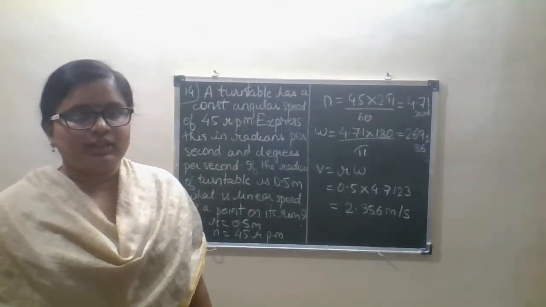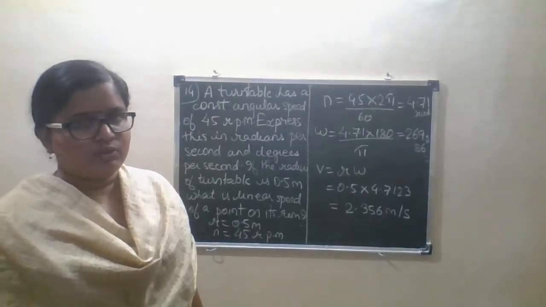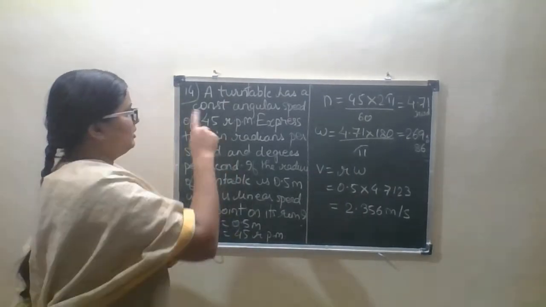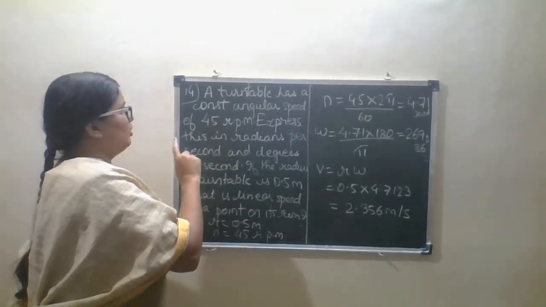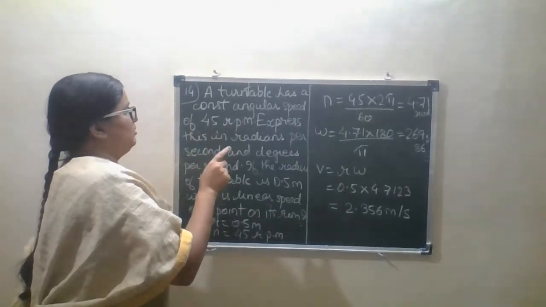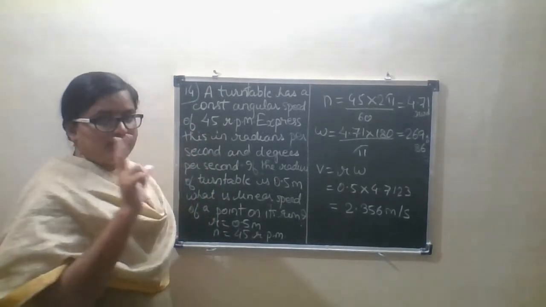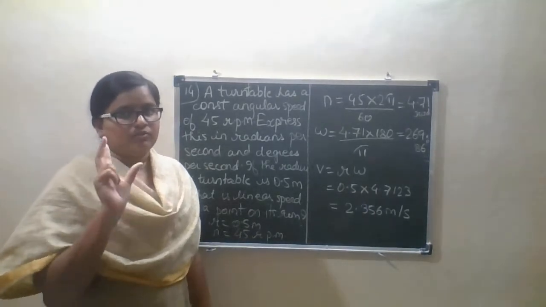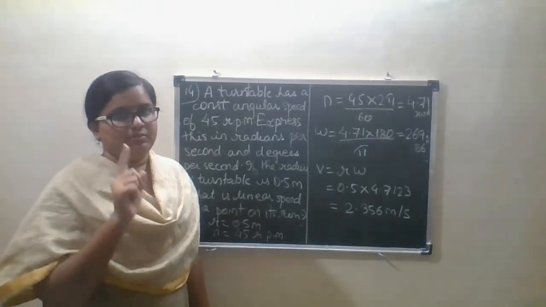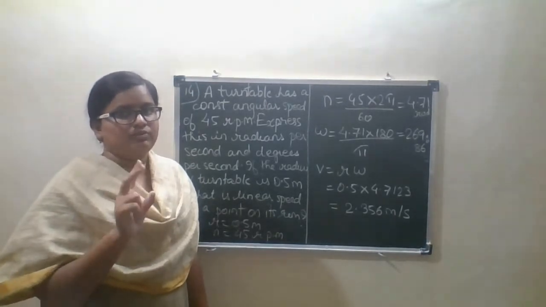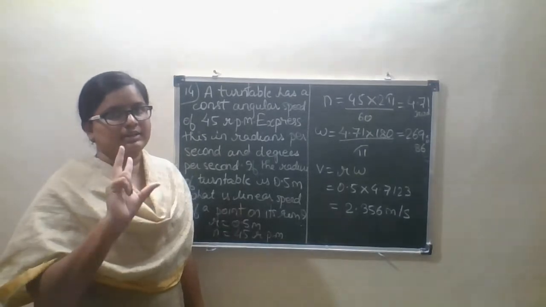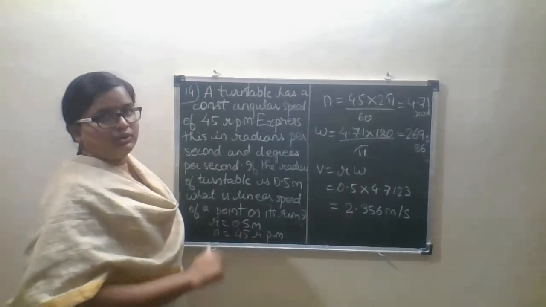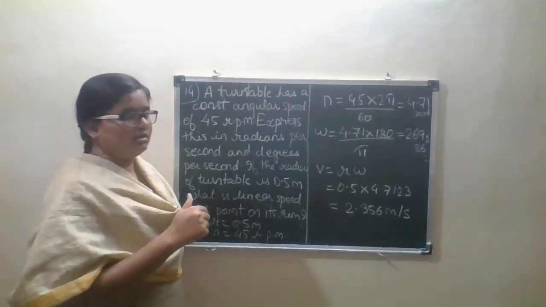Now the further equation we are going to solve is question number 14. A turntable has a constant angular speed of 45 revolutions per minute. Means a table which has an angular velocity of 45 revolutions per minute, that is, in 1 minute it takes 45 revolutions.